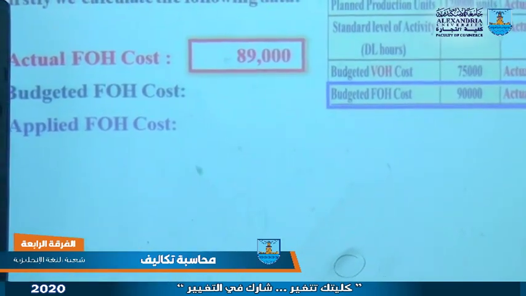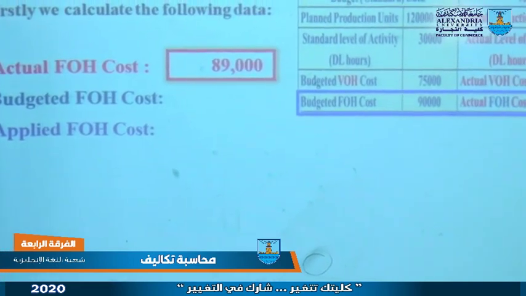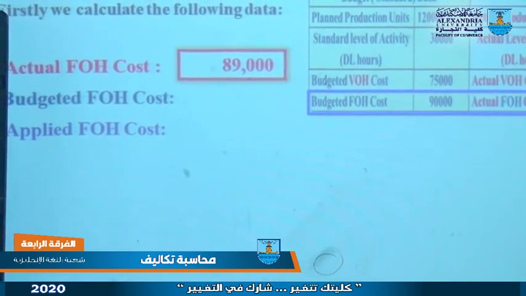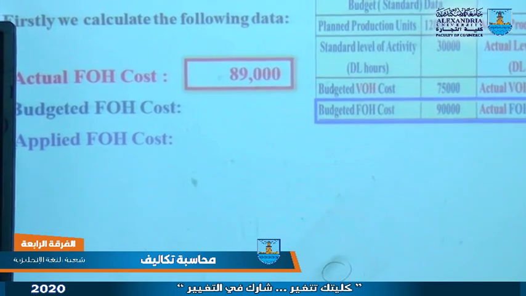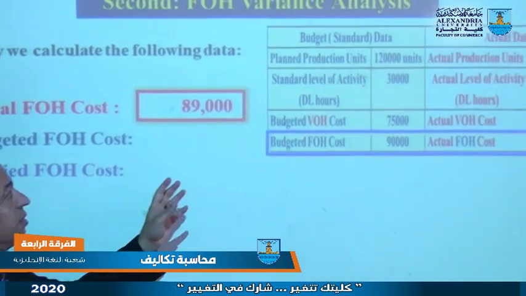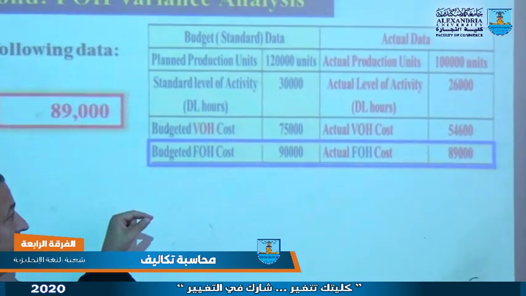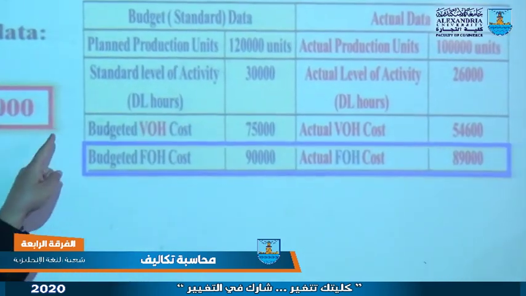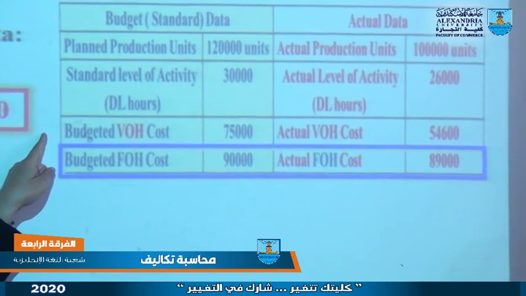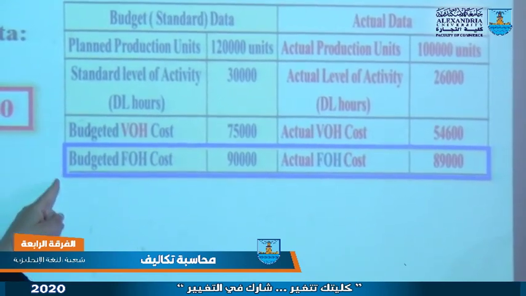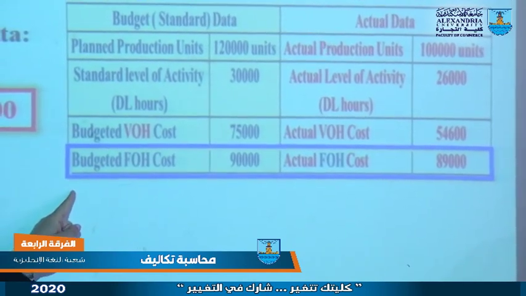The second is what? I need budgeted fixed. Budget standard fixed. From what? From budget data. This is my budget data only for fixed. In the previous lecture, if you remember, I used variable overhead, but today I will use fixed overhead.